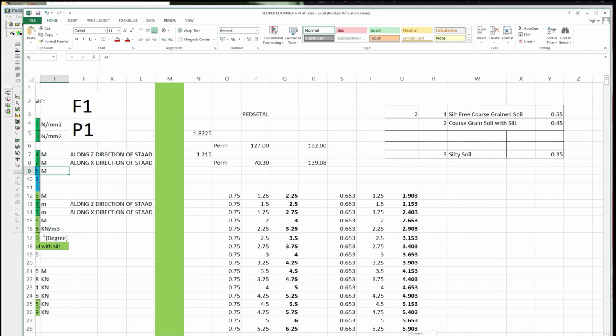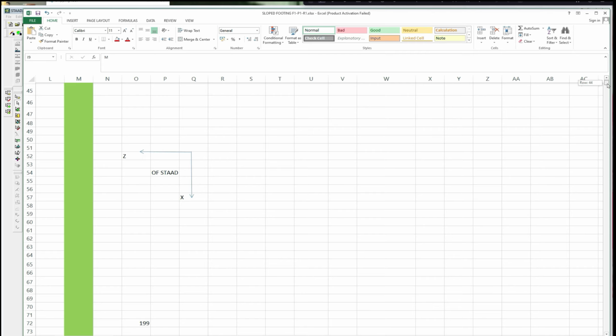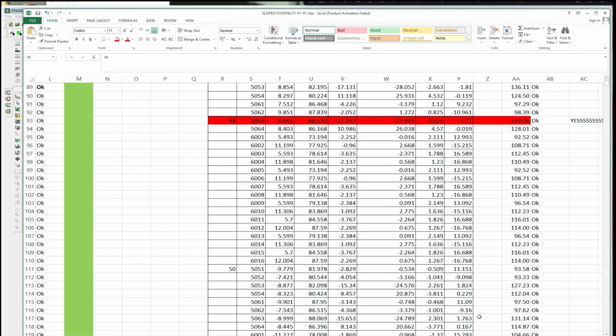Now see the lateral load cases. If you go to the Excel, everything is okay.